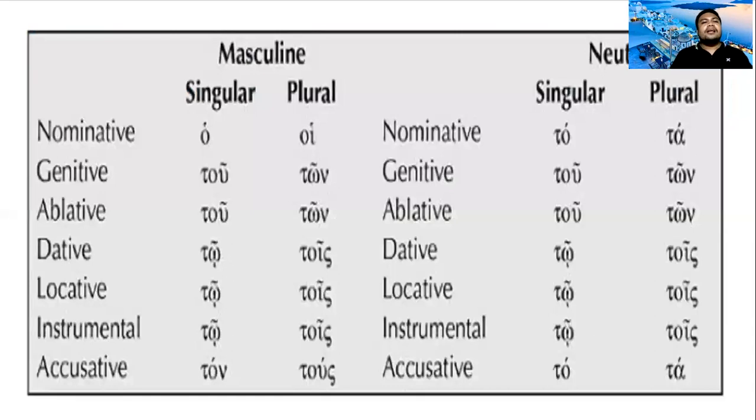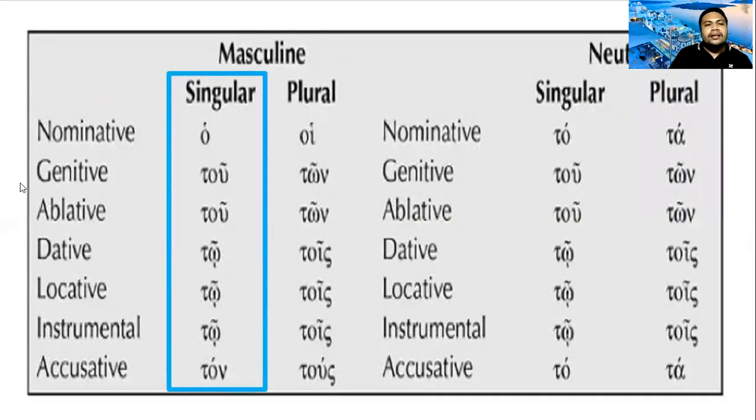Okay, so this is the masculine singular and plural definite article. For the singular, let's read all together. The nominative is ho. You say it with me, ho. Genitive, tou. Ablative, tou. As you can see, genitive and ablative are similar.